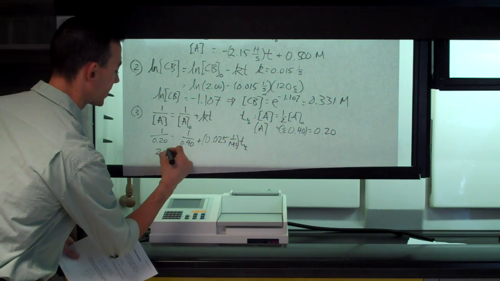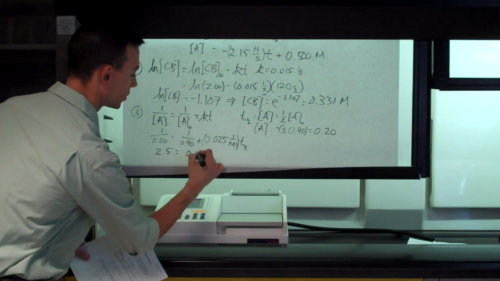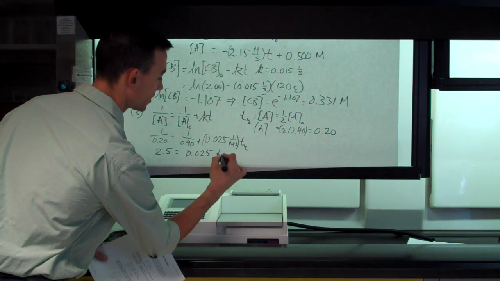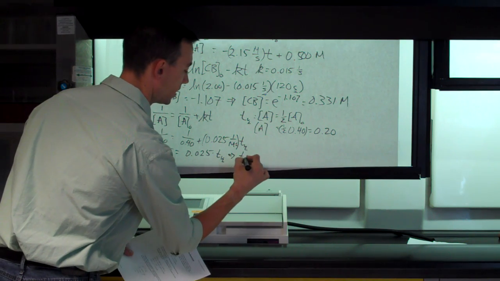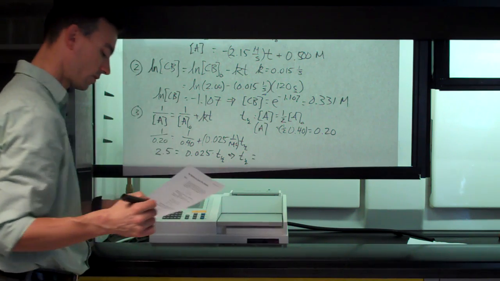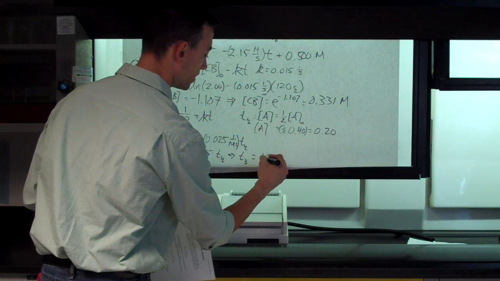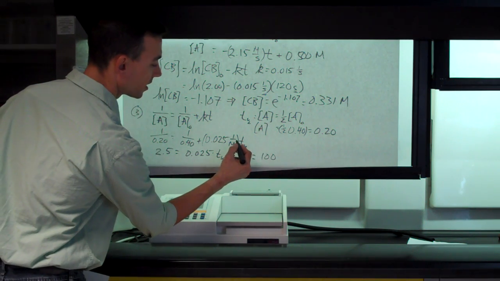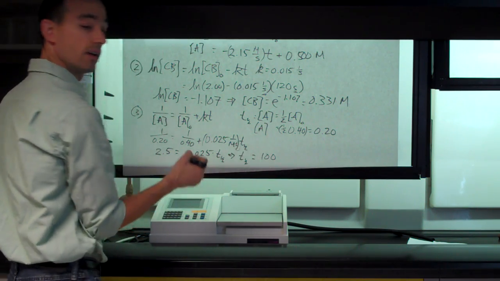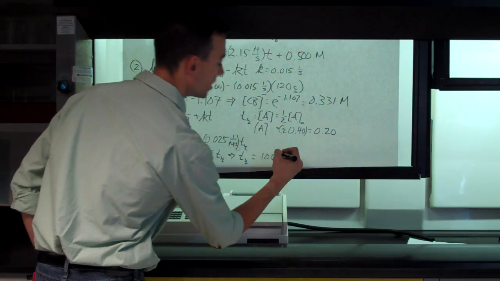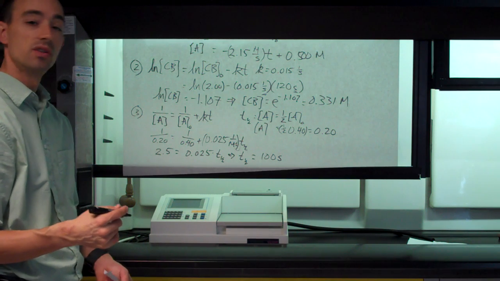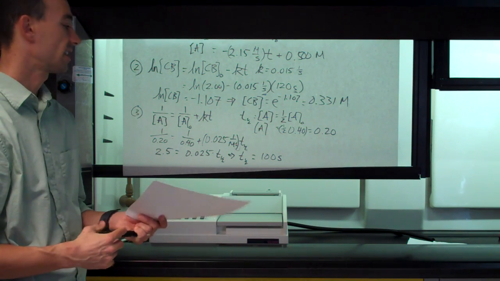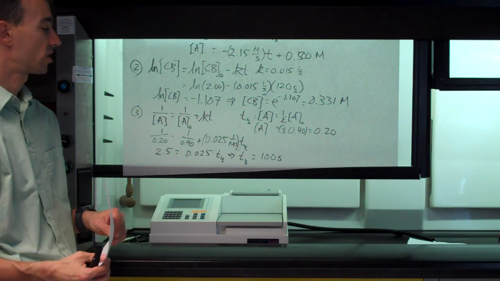So when I subtract, I'll get 2.5 equals 0.025 times t 1/2. So t 1/2 equals 100. And the unit, look carefully, of my rate constant was seconds. So the unit of my time is 100 seconds. So we have 100 seconds as the half-life of this reaction.